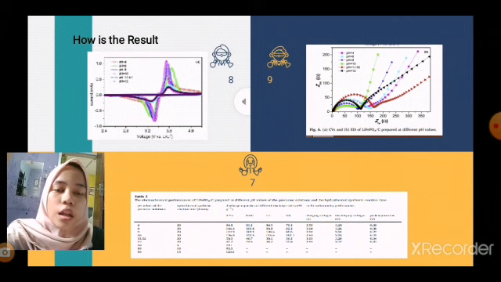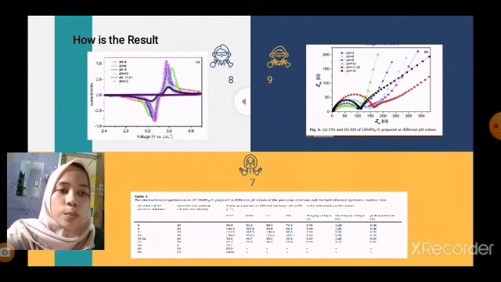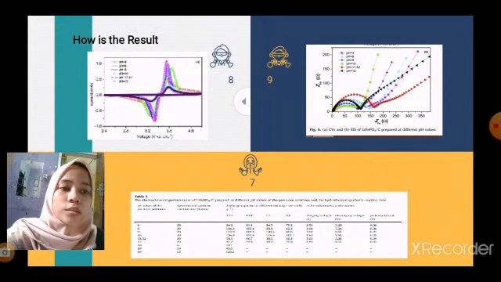In picture number 8, a pair of typical reversible redox peaks is observed for all the samples in the CVs, which correspond to the extraction or insertion of lithium positive ion and the charge or discharge reaction of the Fe2 positive or Fe3 positive redox couple.